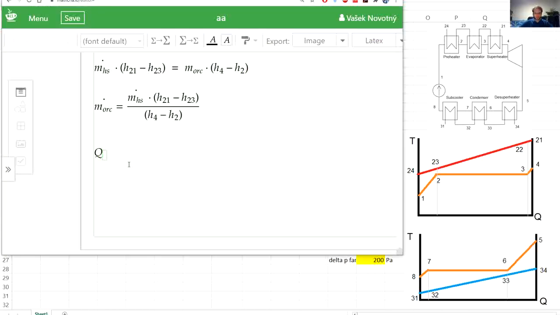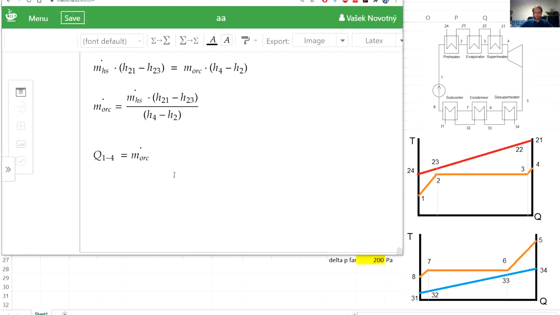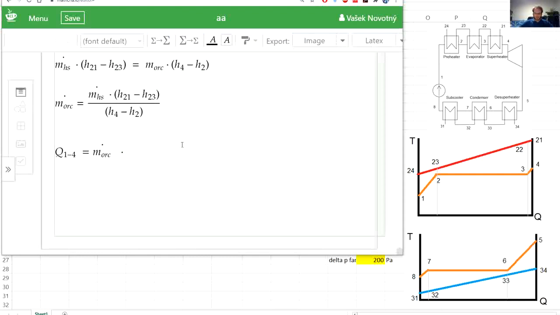The overall heat transfer between points 1 to 4 will be the mass flow rate at the ORC multiplied by the difference in enthalpies, H4 minus H1.